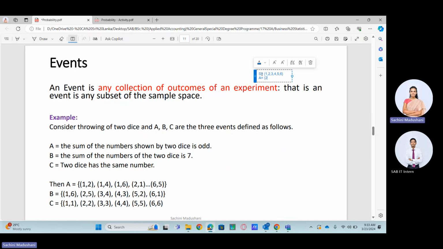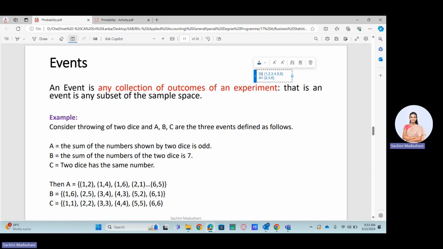What are the even numbers? 2, 4 and 6. Event means any collection of the outcomes. Getting an odd number, 1, 3, 5, is also a collection of possible outcomes. We call that an event. Okay.